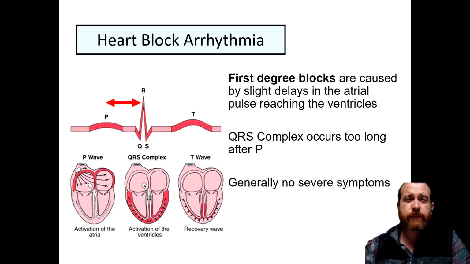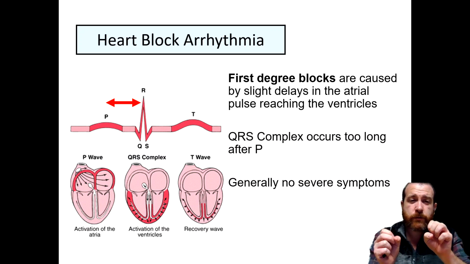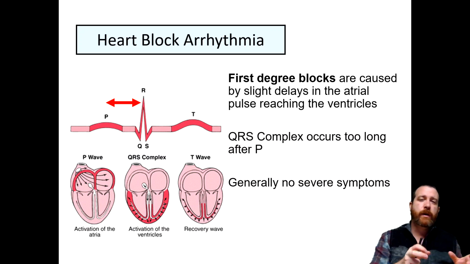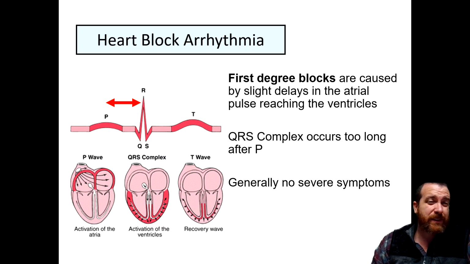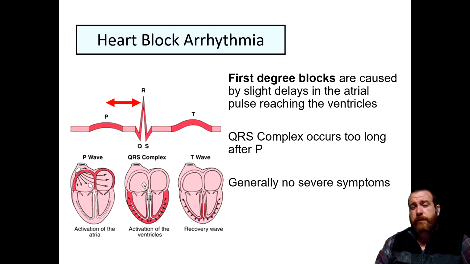First degree heart blocks are easy. There's too long of a time between the initialization of the P wave and the QRS complex, when the ventricles are squeezing. Something's gone wrong and there's too big of a delay inside that AV node. Most people that have this don't actually know that they have a first degree heart block.